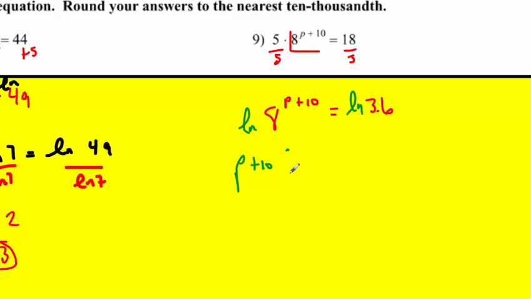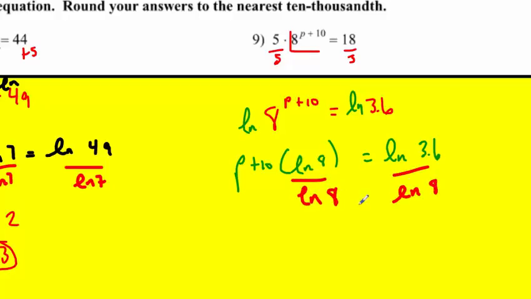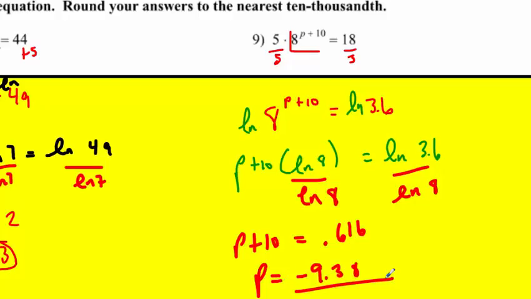So when I do that, that's going to bring the p plus 10 out front. So I'm going to have p plus 10 times the natural log of 8 equals the natural log of 3.6. And so now I can simply divide out the natural log of 8 from both sides and leave me with p plus 10 equals 0.616. And so now when I subtract 10, I get p equals negative 9.38.